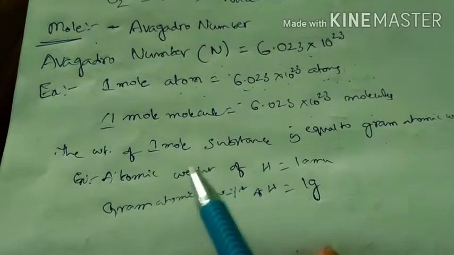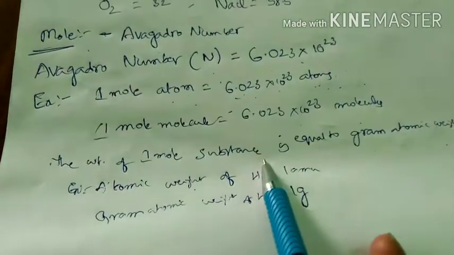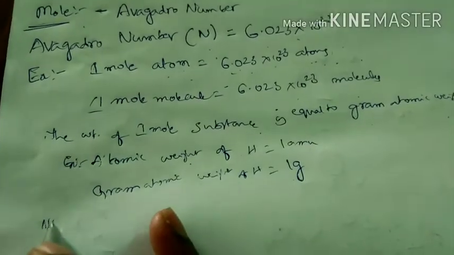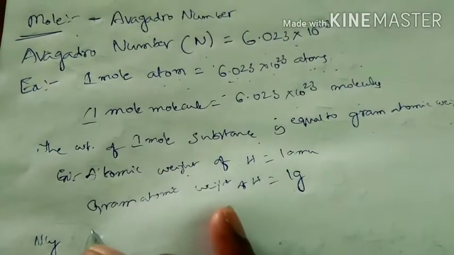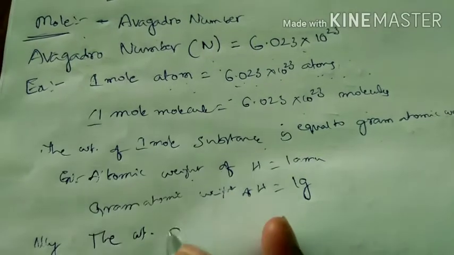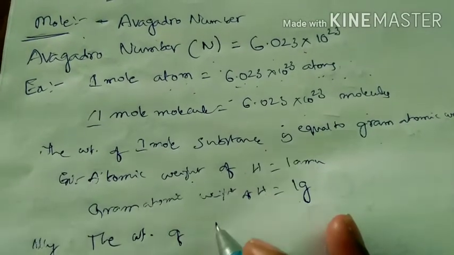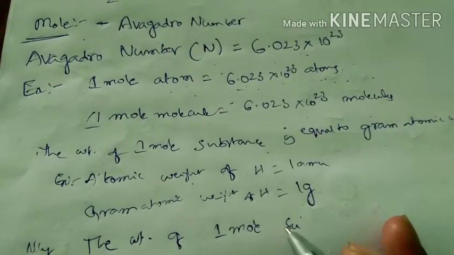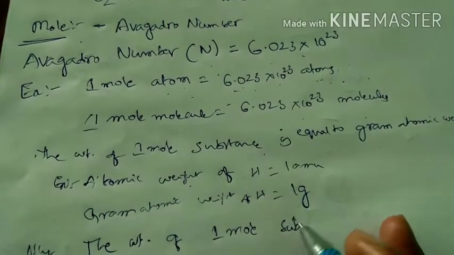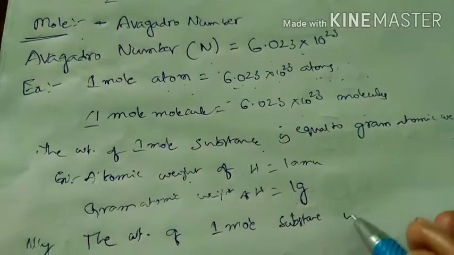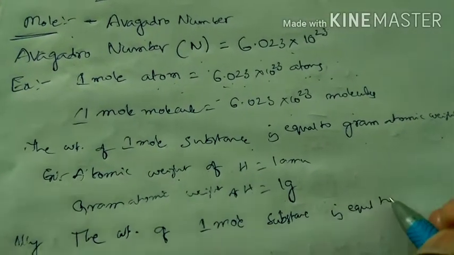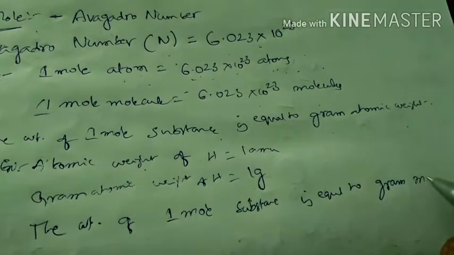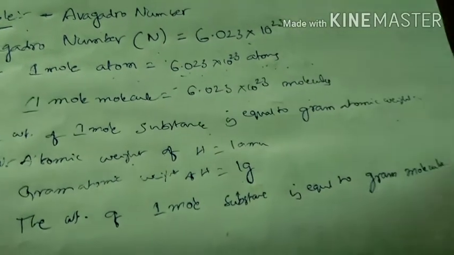So what is the point here? The weight of 1 mole substance is equal to gram atomic weight. Similarly, the weight of 1 mole substance is equal to gram molecular weight.